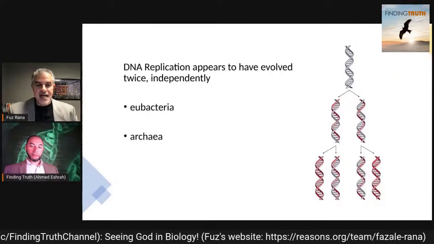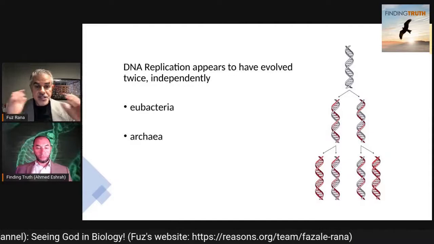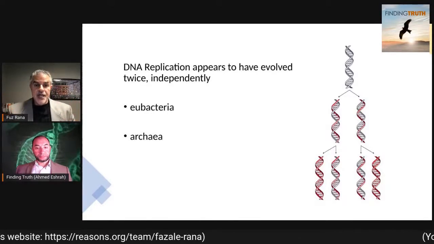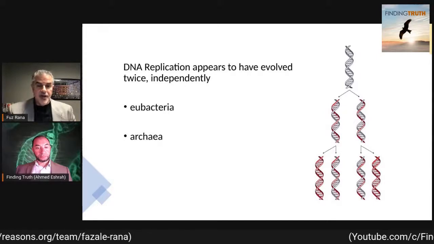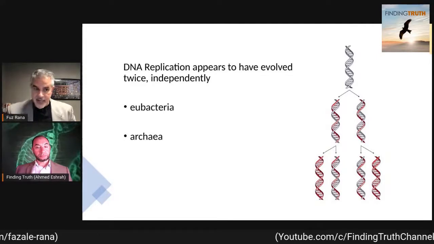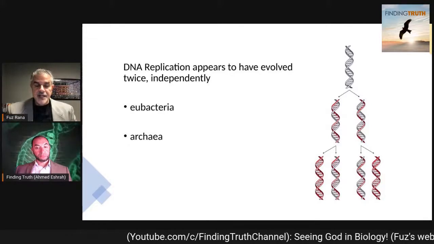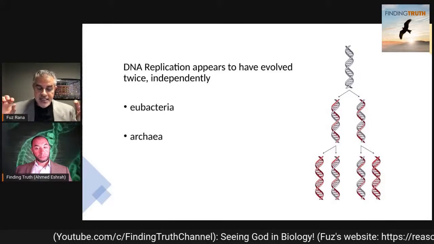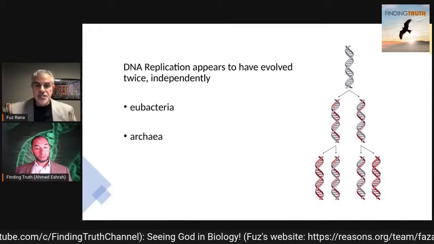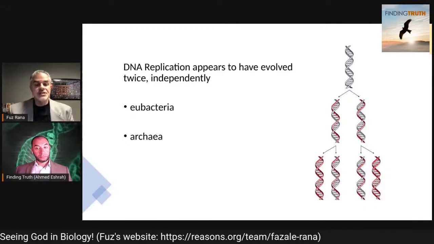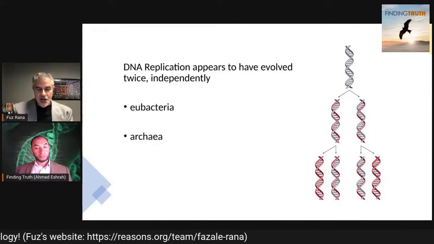And yet this is exactly what has been discovered: the replication of DNA in eubacteria and archaeobacteria is the same mechanism. The same enzymes are involved. But when we look at the DNA sequences of the genes, there's no way to reconcile those sequences to a shared ancestor.